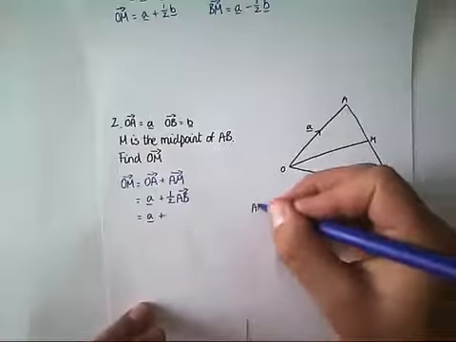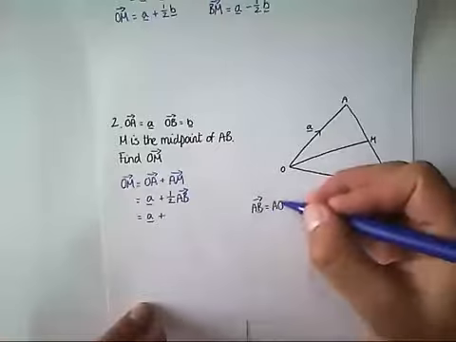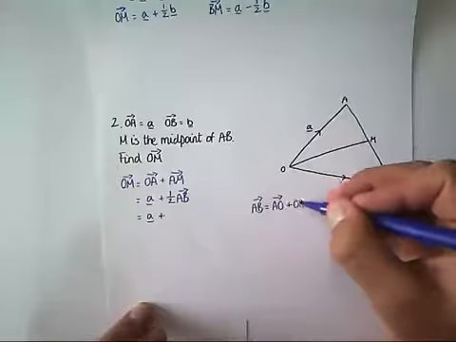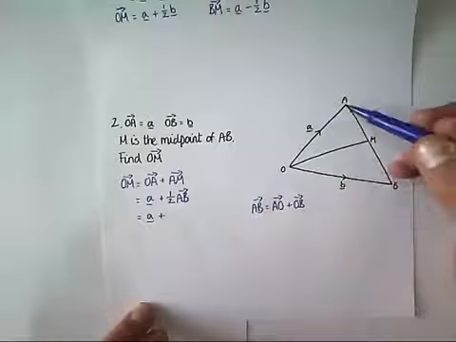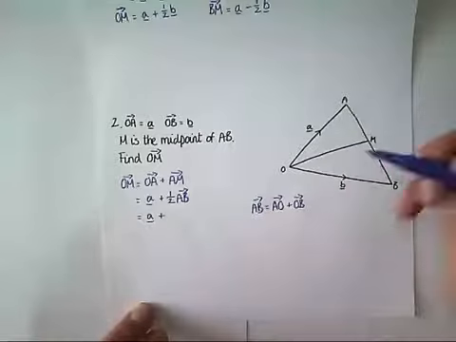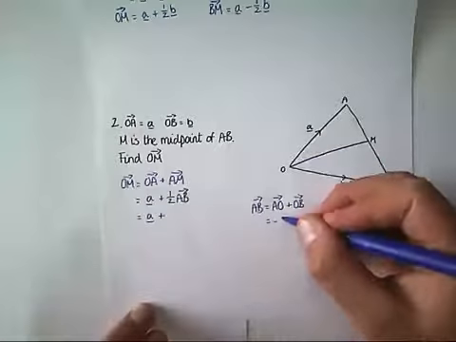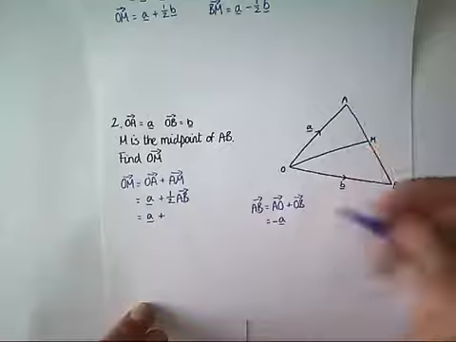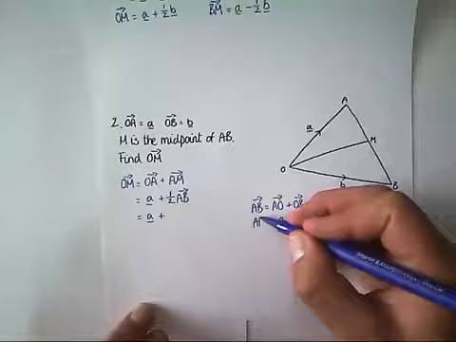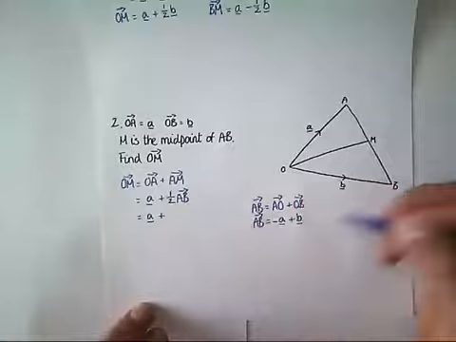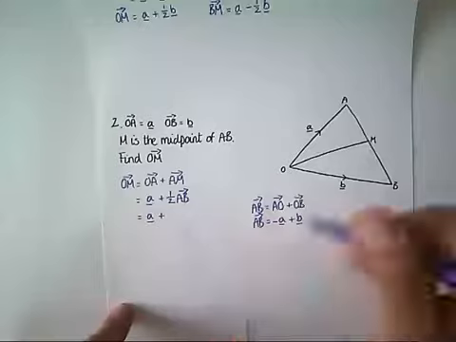A to B is A to O plus O to B, because these are the only two lines we know the vectors of, so we've got to come this way just to get from A to B. Now A to O is minus a, because you're going the opposite direction of the arrow, and then O to B is plus b. So that's A to B. You might want to do that just at the side of your work so you don't get confused, or do that before.